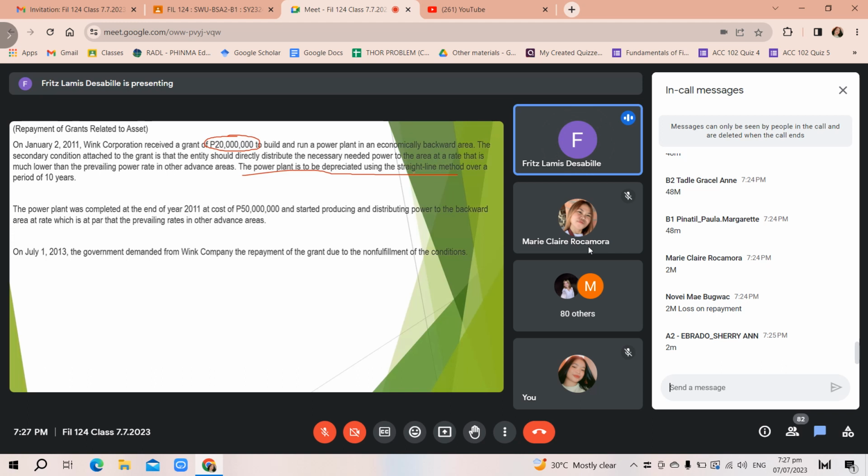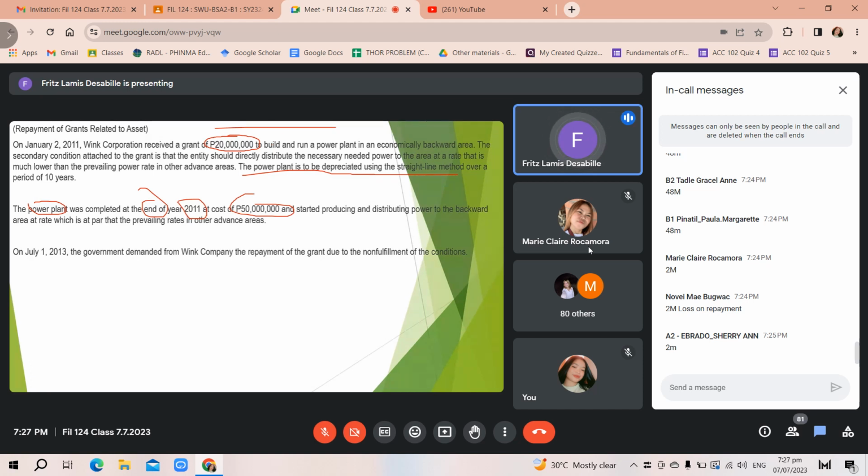Now, the power plant was completed at, this is very important, guys, the end of 2011. Unsa implication if makomplete ang power plant at the end of the year? Ang pasabot, in 2011 walay depreciation.